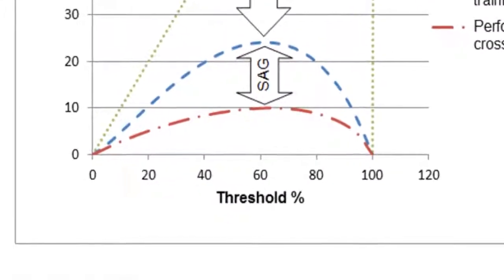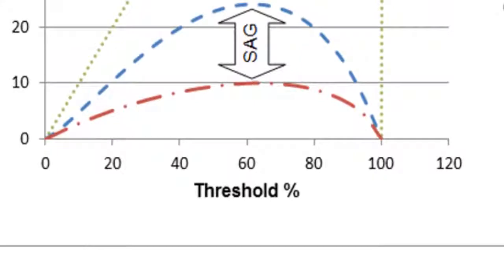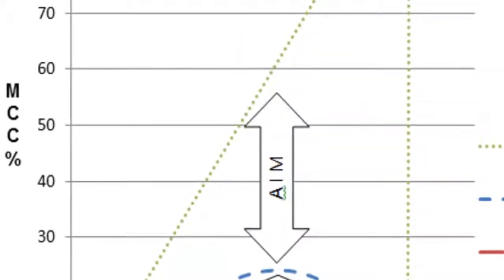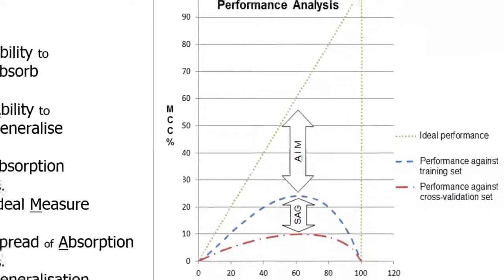If you want to reduce the size of this gap here, you can do that by increasing the number of training examples and the variety of these training examples. And to reduce this gap here, to improve performance, what you need to do is to increase the number of neurons in the hidden layer.